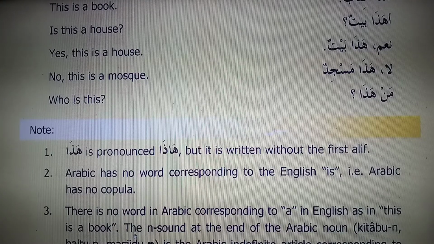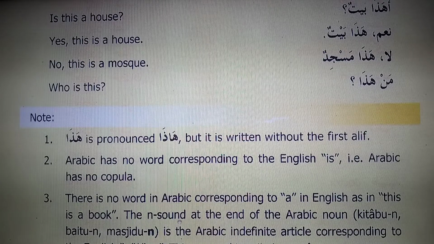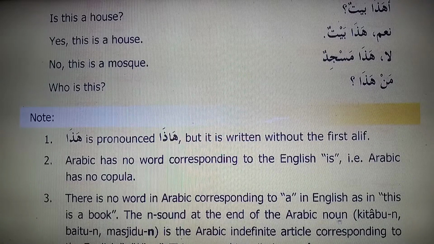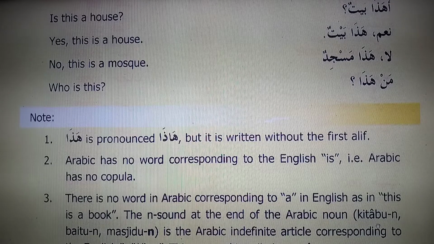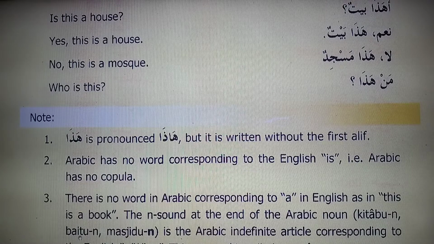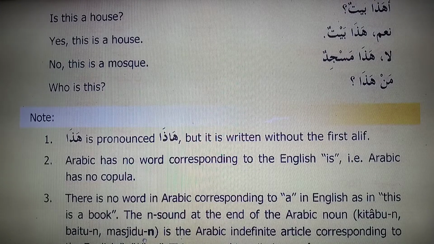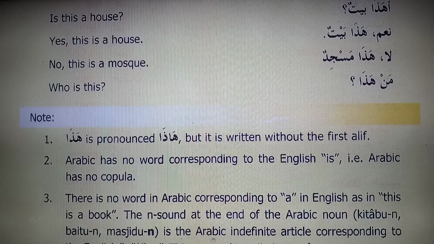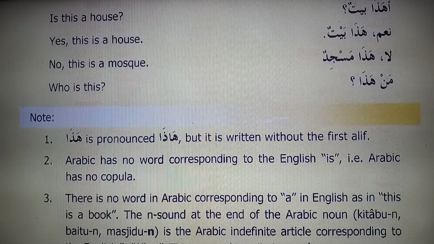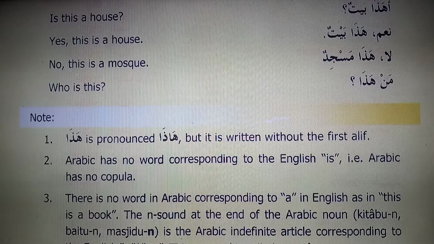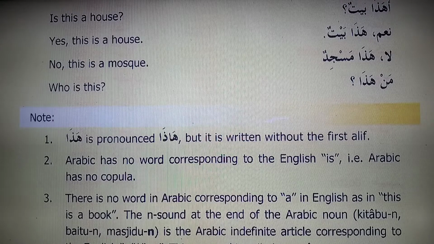Then over here, you have to note this. The n sound at the end of the Arabic noun, for example, kitabun, waladun, baytun. So the n at the end is known as tanween. So kitabun, baytun, masjidun, etc. is the Arabic indefinite article, corresponding to the English "a" or "an".